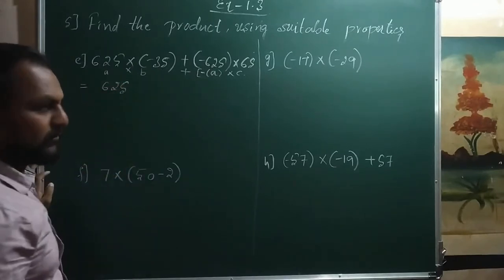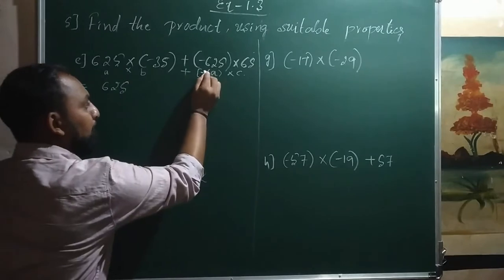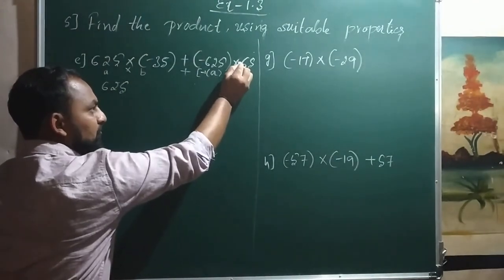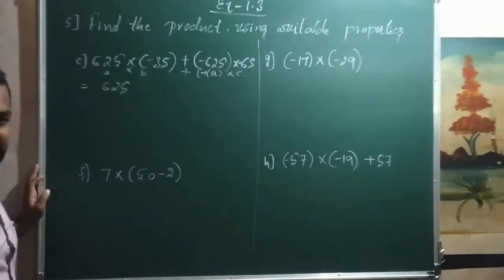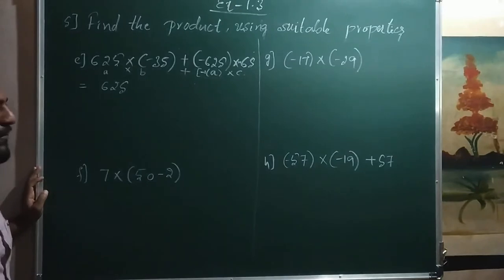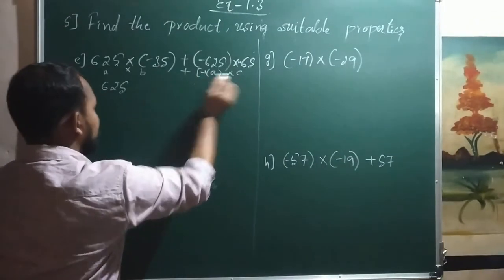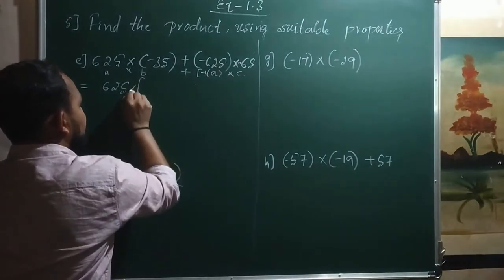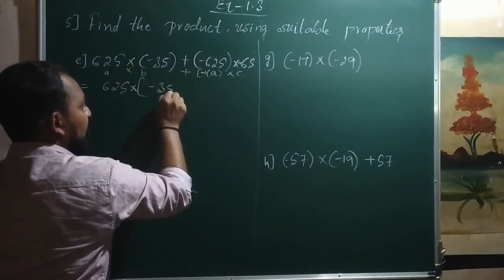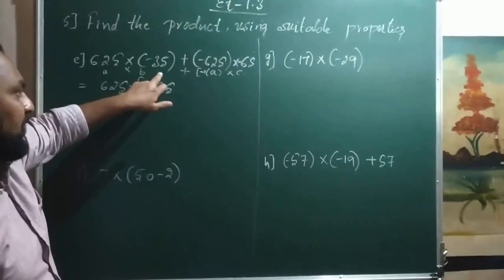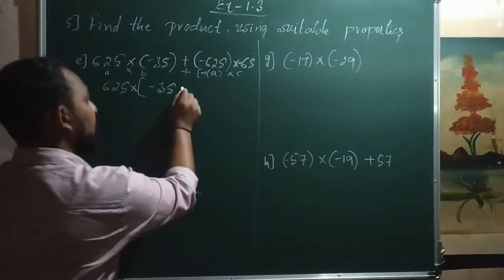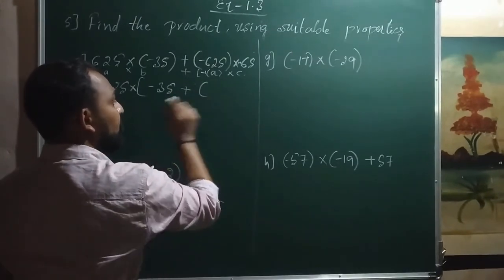625 is common. Here minus 1 into plus 1, and 65 into 1 is nothing but 65. Here minus 1 into 65. 625 is common, minus 35, B plus C. What is C?